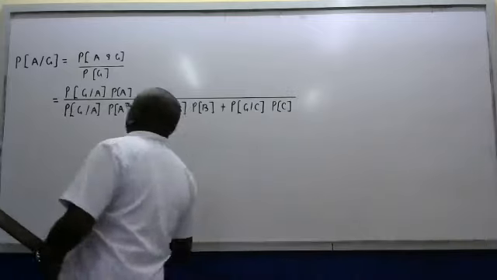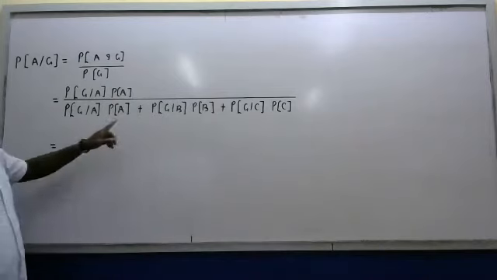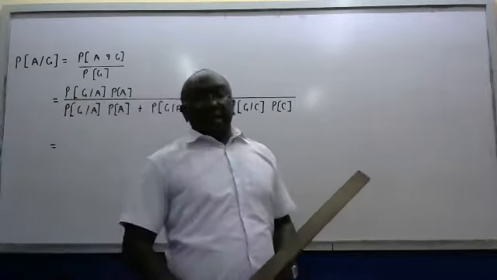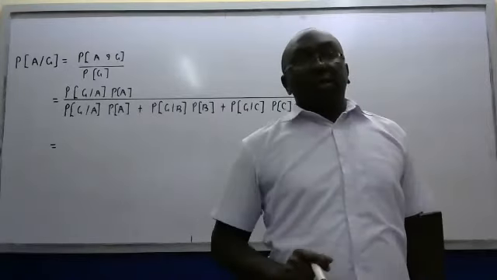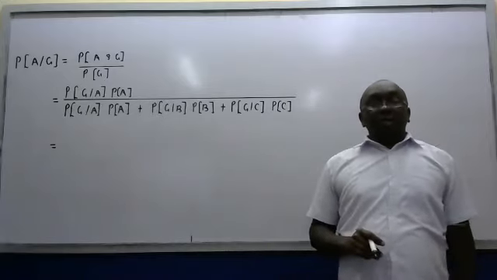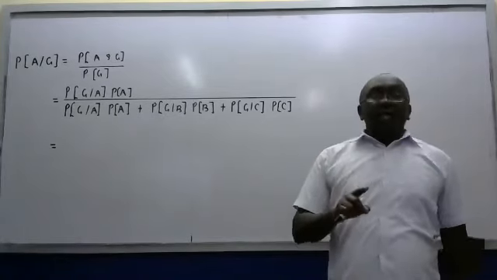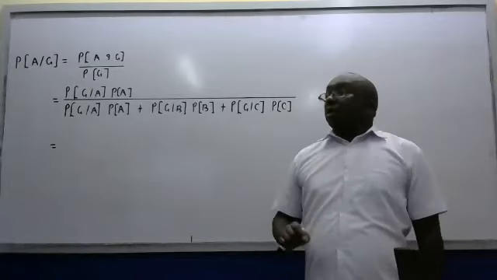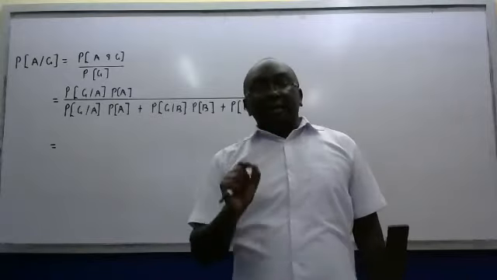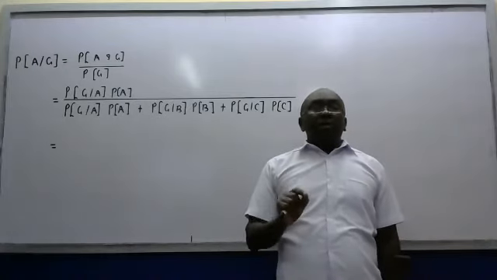So we now substitute. This one is the probability of getting a gold in A. And I told you yesterday, the general formula of probability is what? Just check in your notes what we wrote yesterday. The general formula of probability is desired divided by the possible. So when we ask ourselves the probability of getting a gold in A, our desire is gold. How many gold coins are in A?